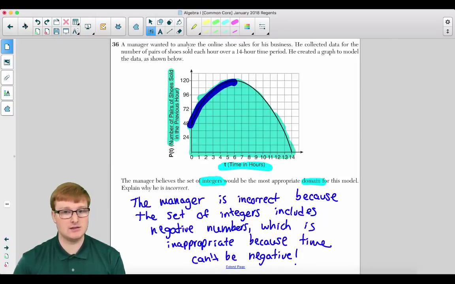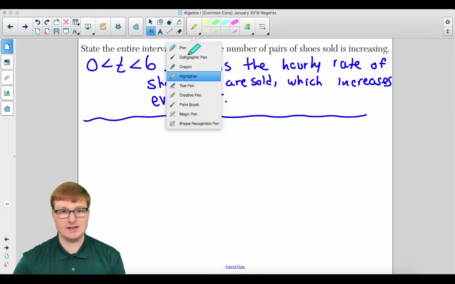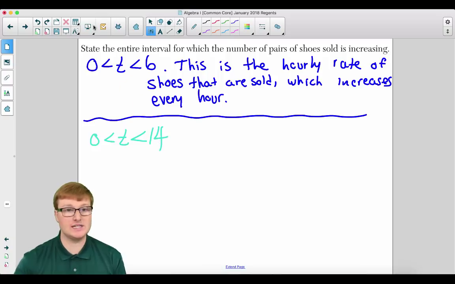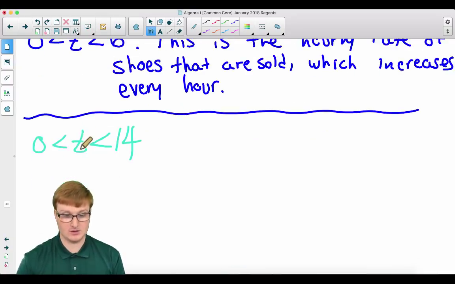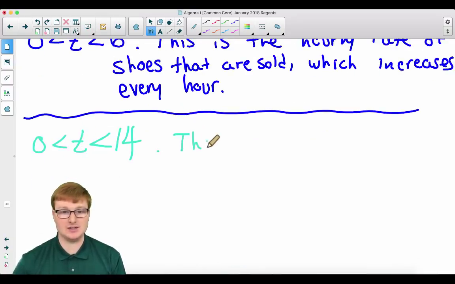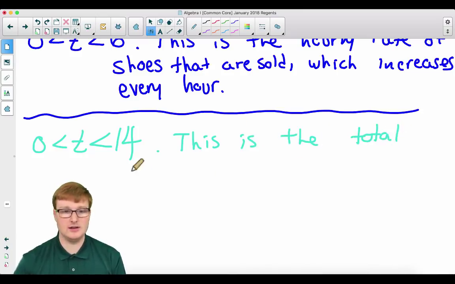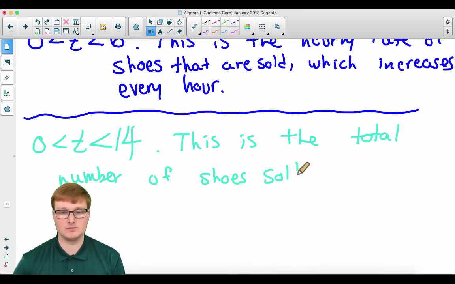So you could say this answer too. You could say that 0 is less than t, which is less than 14. Okay? Because this is the total number of shoes sold.